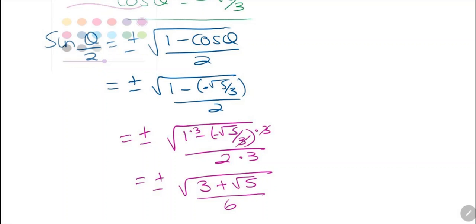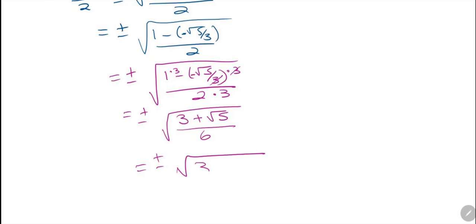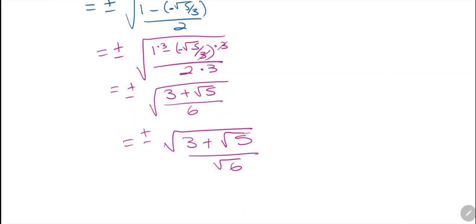Now I need to sort out the square root, because the root is over all of it. Let me just correct this one as well. The root is over all of it. So we have the square root of 3 plus root 5 over 6. Now we can't have a radical on the denominator, so we're going to rationalize.